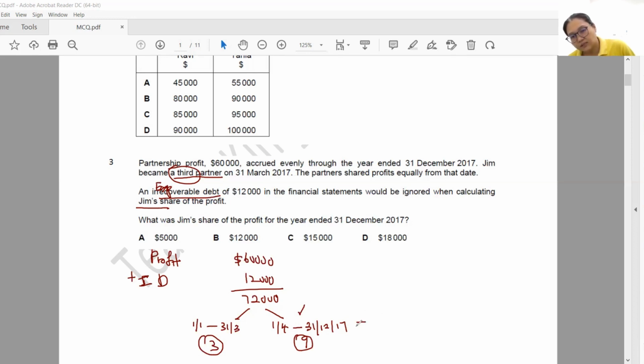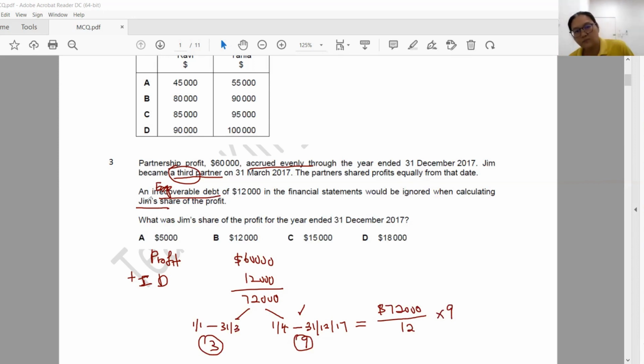So how much profit will he receive? We take 72,000, accrued evenly, so divide by 12, and here only 9 months.